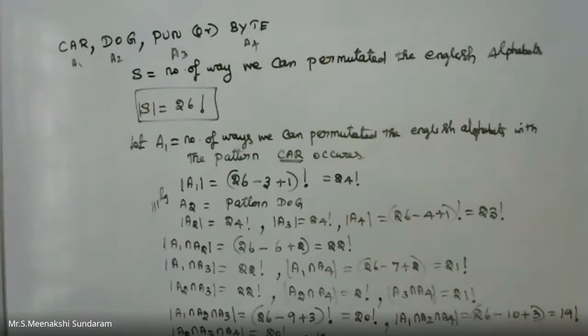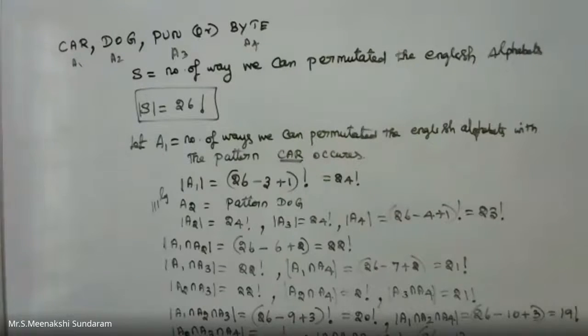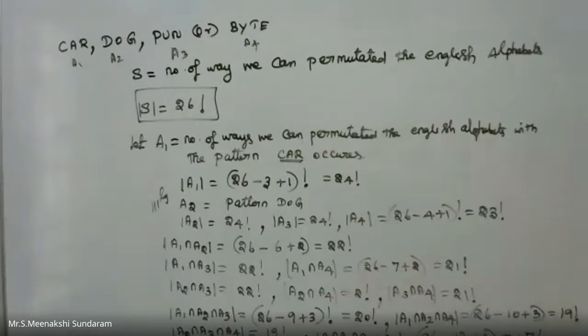And the last case, A1 intersection A2 intersection A3 intersection A4: total characters 26 minus 13 characters, plus 4 characters, so 17 factorial will come. So this is the first step. We need to find all the cases.